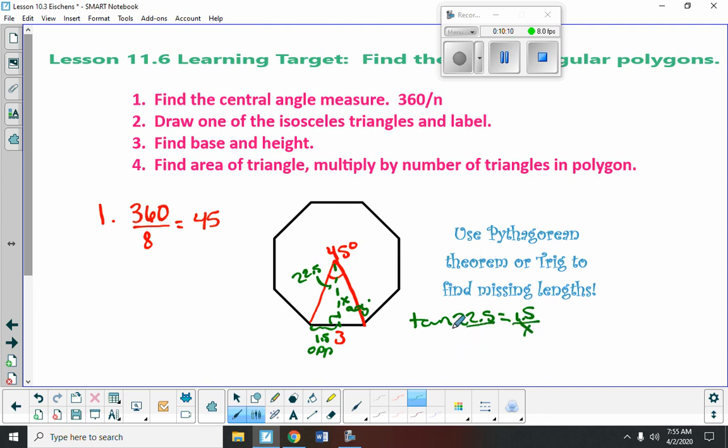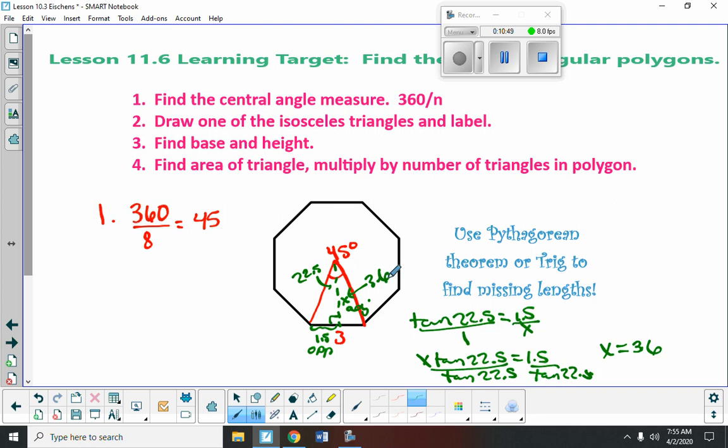Then we cross multiply: x tangent 22.5 equals 1.5, and then divide. See what I said? We're getting a lot of good review here. So x is 1.5 divided by tangent 22.5, which is about 3.6. So the height is 3.6.